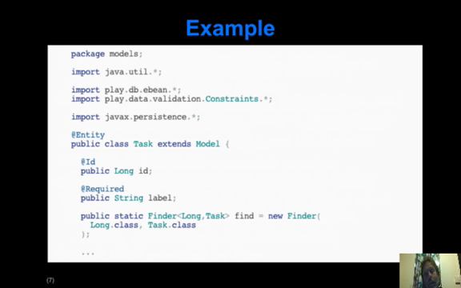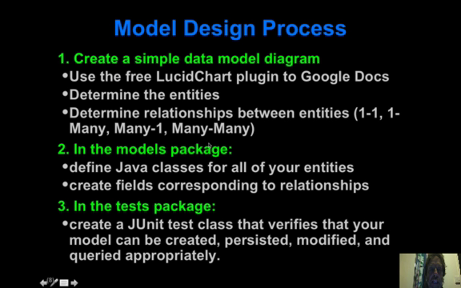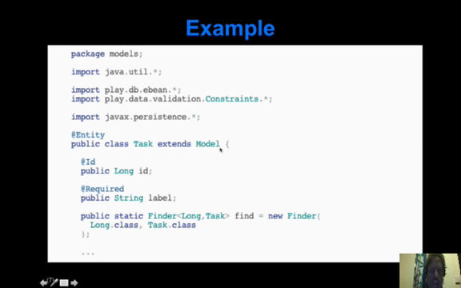So here's an example of how it looks. You can see that we have this basic Java task, and we're going to extend the play.db.ebean.Model class. That's one important thing, and the superclass is going to implement some nice methods that we can use.